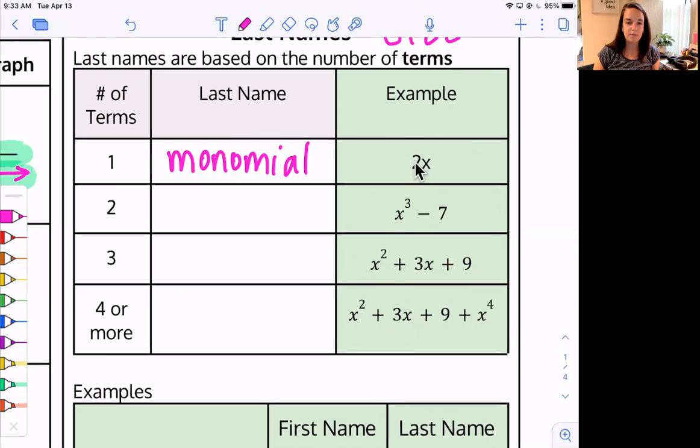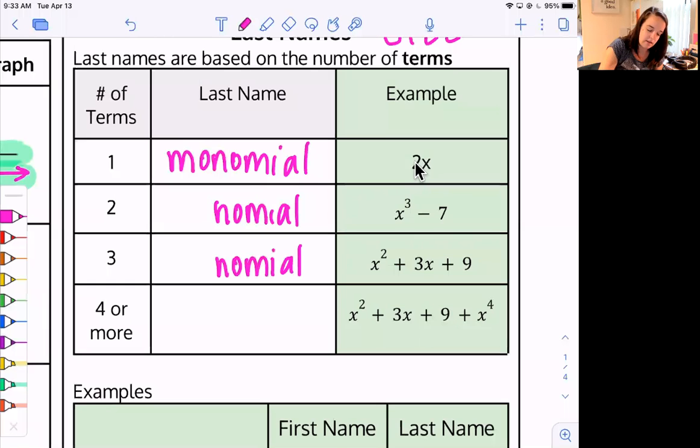All of these end in nomial. We just have to figure out what the prefixes are. Remember, nomial literally means terms, right? So monomial means one term.